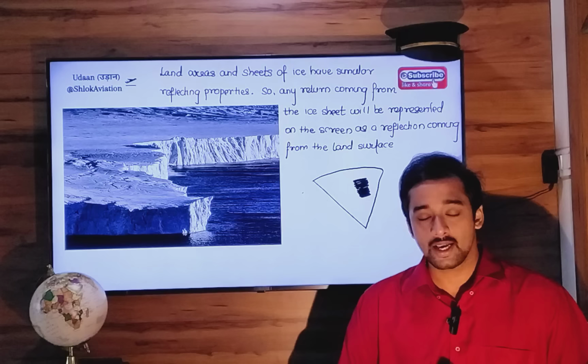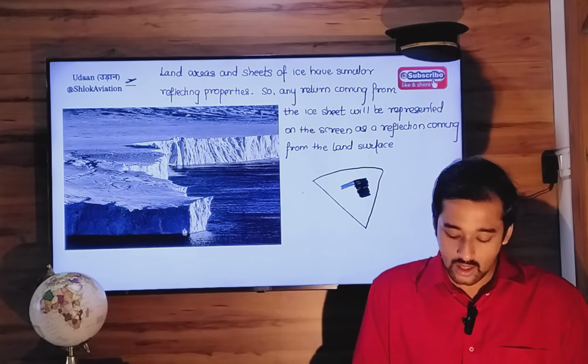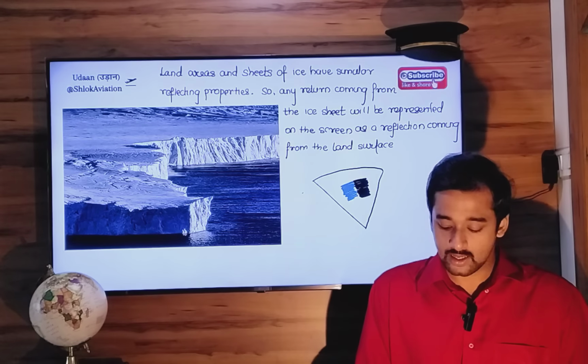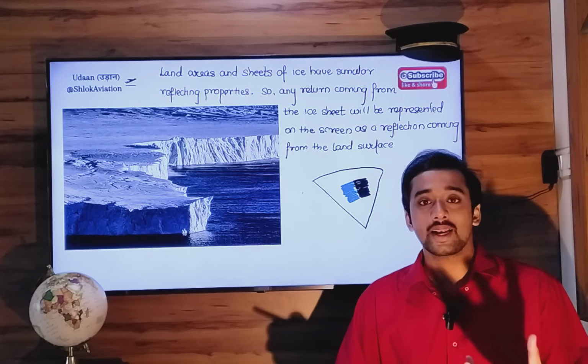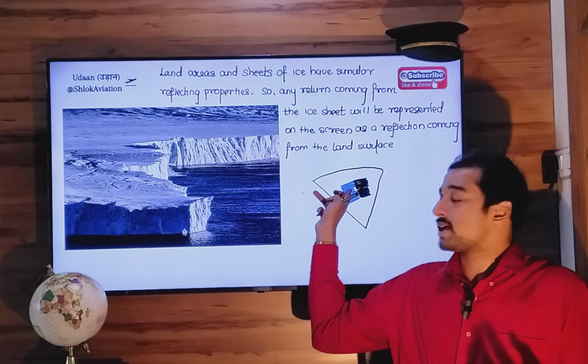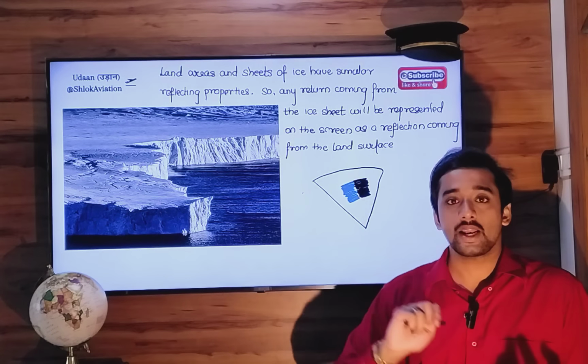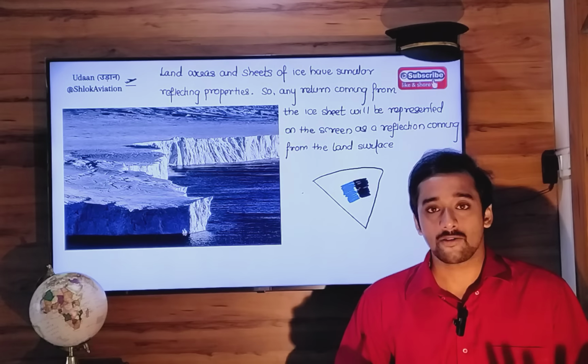And if that ice or snow is thought to be a land surface and there is black color on the radar screen, that will be thought to be an indication of water body. So what you will think, the boundary between them is the coastline, but in reality that may not be a true fact.